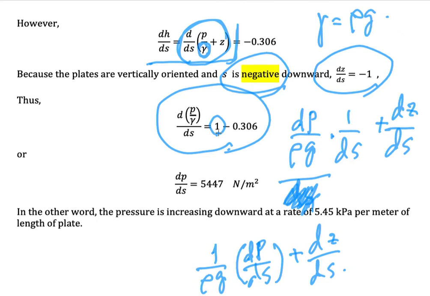We have 1 here, which we bring from the dz/ds, and then you multiply with rho g. You bring rho g to the right hand side, and then you will get that dp/ds is equal to 5,447 Newton per meter square. In other words, the pressure is increasing downward at a rate of 5.45 kilopascal per meter of length of plate.